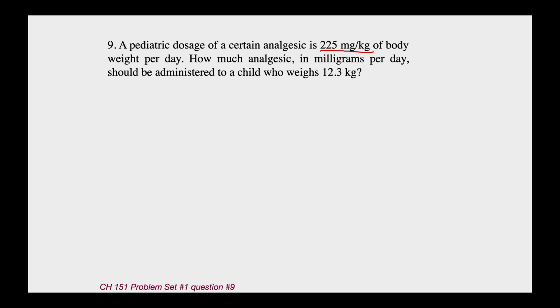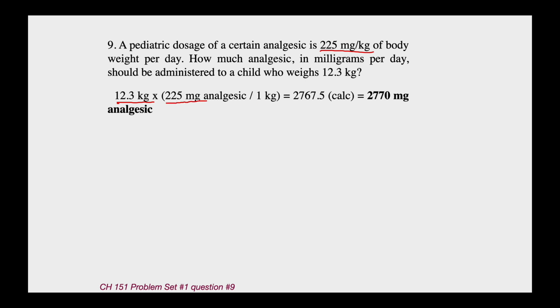So anyway, starting 12.3 kilograms, 225 milligrams of the drug given per kilogram of body weight. So notice how a kilogram on the top cancels the kilogram on the bottom. That's the whole idea behind dimensional analysis. The old unit is gone. The new unit, milligrams of the drug, are left over.